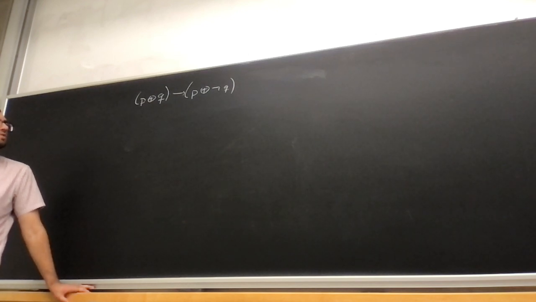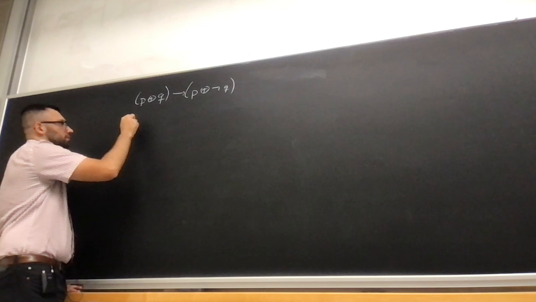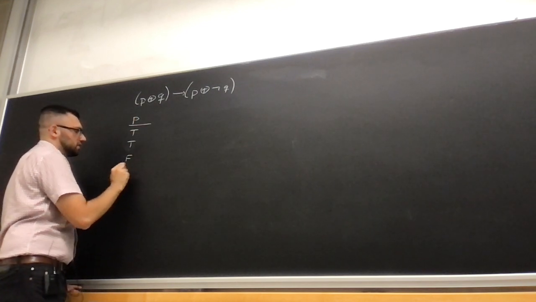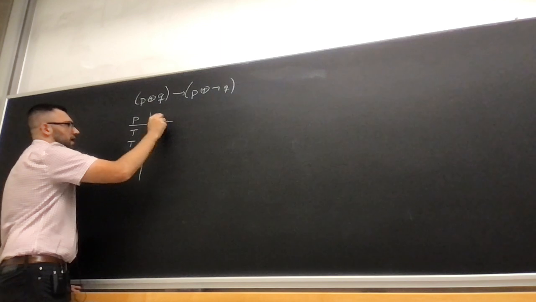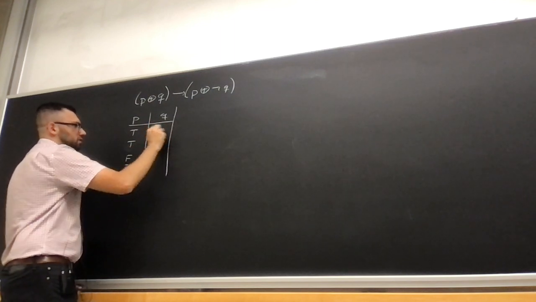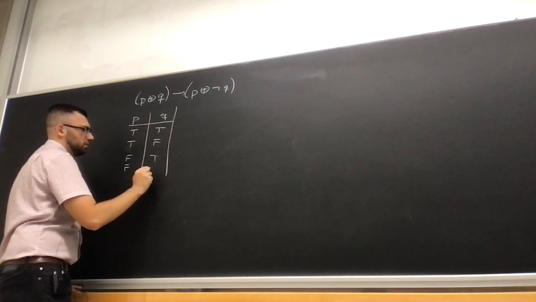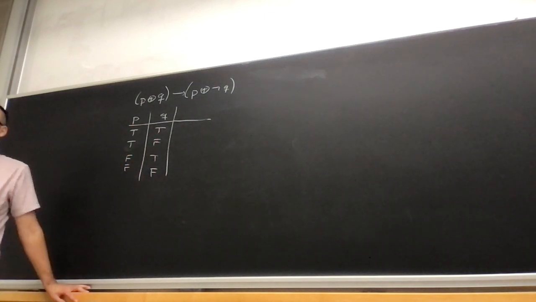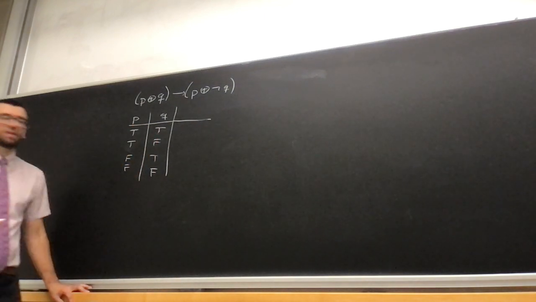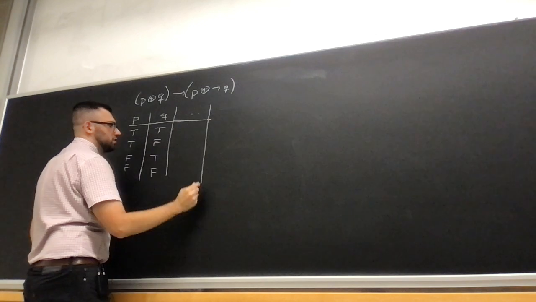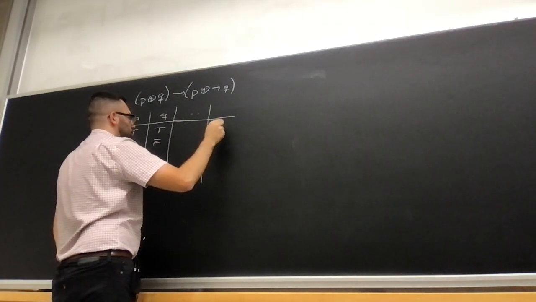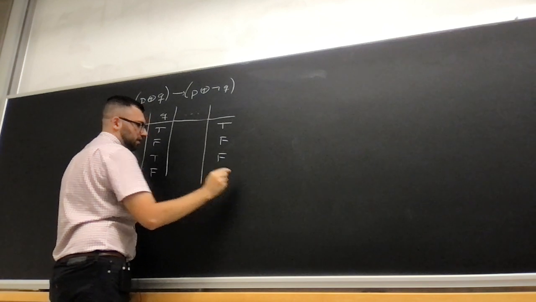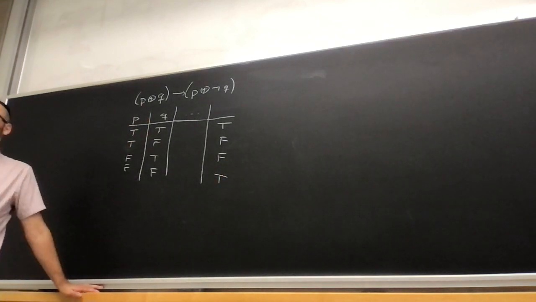We started off with P, which was true, true, false, false. Then we had Q, which was true, false, true, false. This gave us every combination of P and Q. We did a bunch of work, and eventually we got to the end result, and you can look back on your notes, but it came out to be this: true, false, false, true.